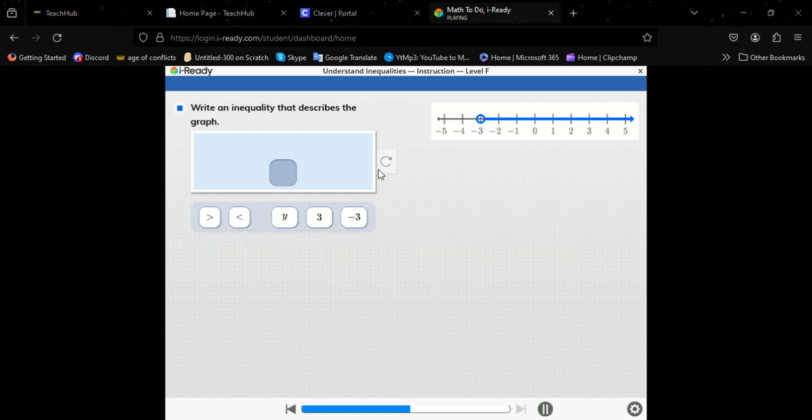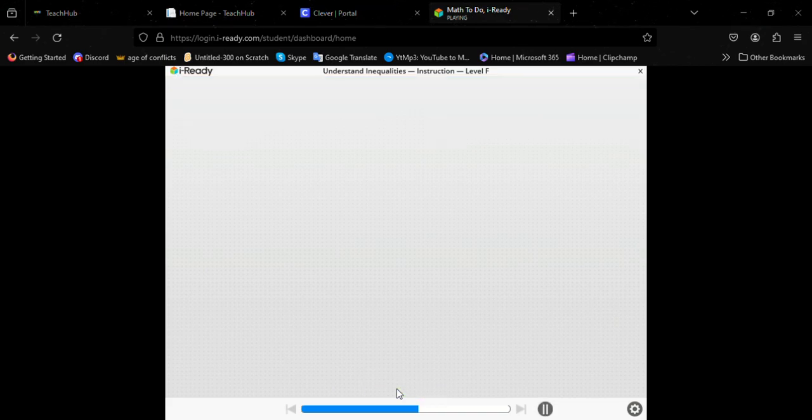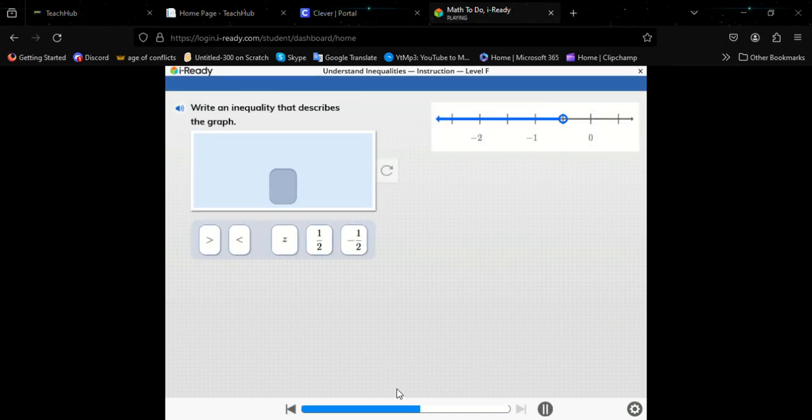Write an inequality that describes the graph. Write an inequality that describes the graph.